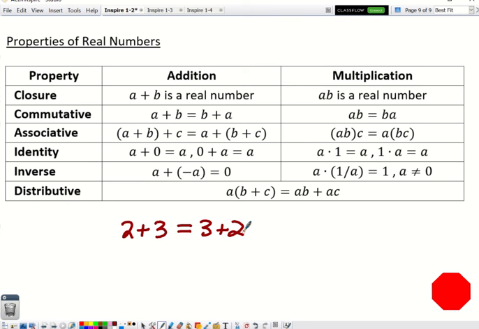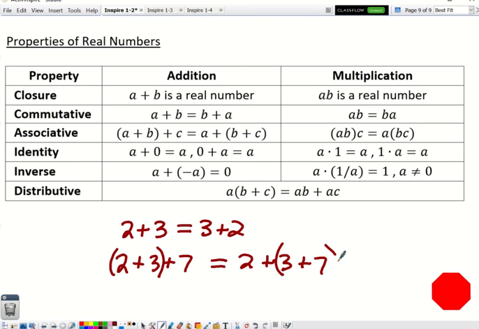So that's the commutative property, that these are the same. The associative property is like if you have 2 plus 3 plus 7. Does it matter if you add the first two together first versus adding the last two? It doesn't matter. So this left side is equal to the right.